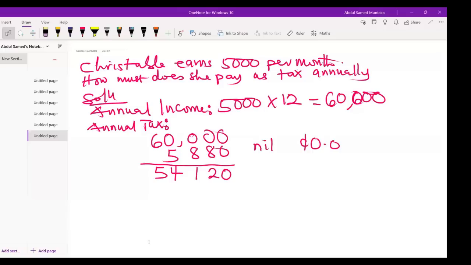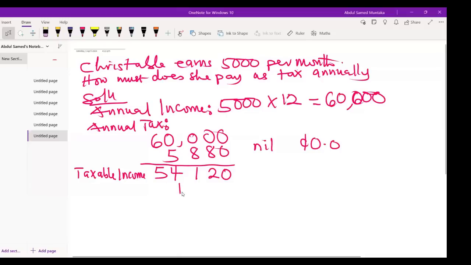Her next tax, according to the schedule, look at your schedule and you see that on the next 1,320. So you can call this 54,120 her taxable income. A taxable income is the amount on which tax is calculated.